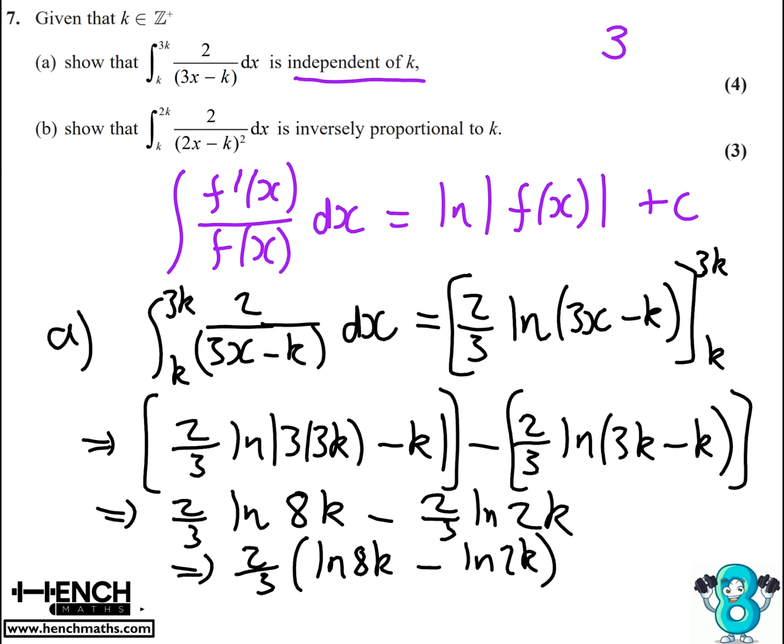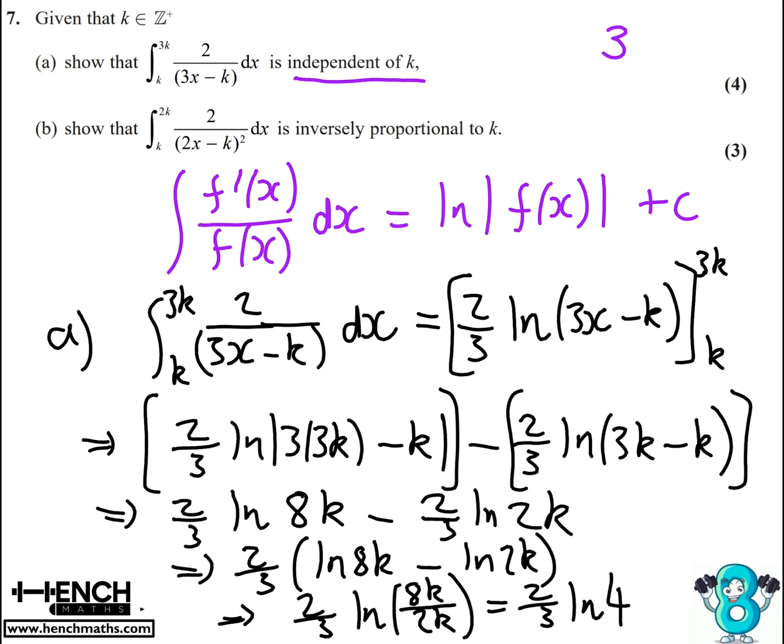Now our rules of logs mean that when we have a logarithm subtract a logarithm, we can actually use division here. So this is going to be 2/3 of the natural log of 8k divided by 2k. 8k divided by 2k is 4, so we get 2/3 the natural log of 4.